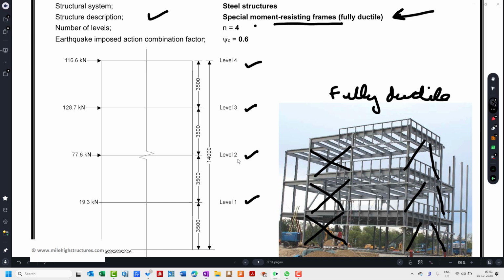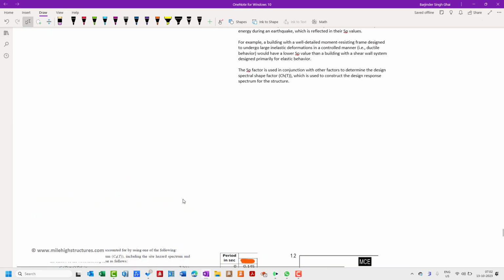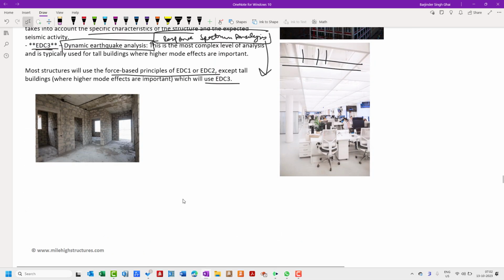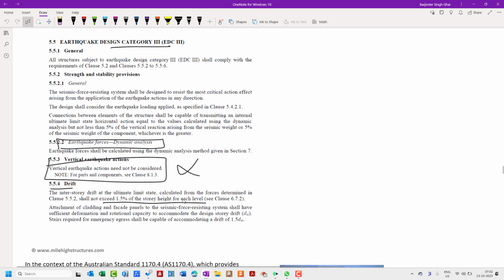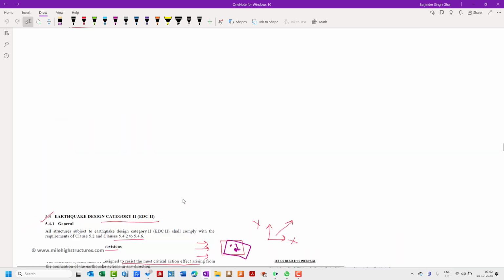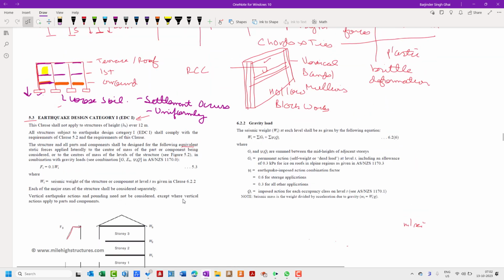After that, we had already discussed in the earlier lecture the earthquake imposed action combination factor. For imposed action we do need to apply 60% for storage actions and 30% for normal residential or office buildings where there is no such storage.